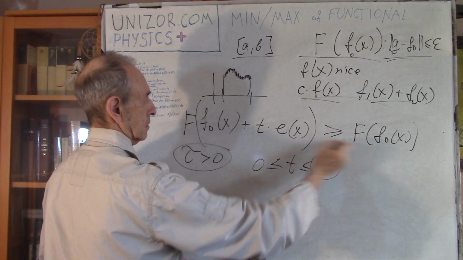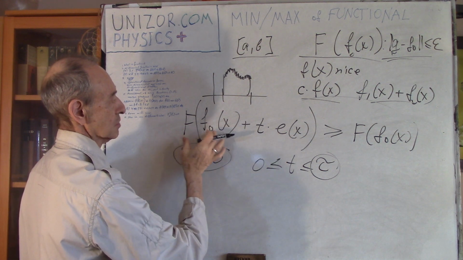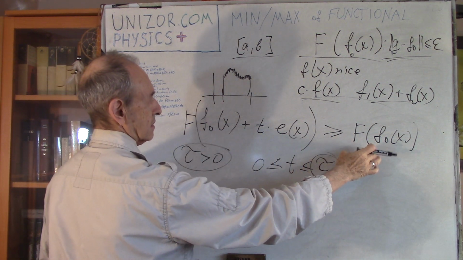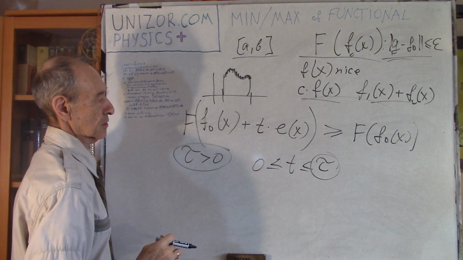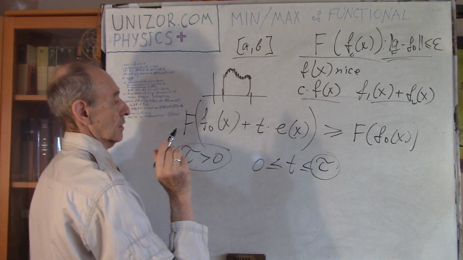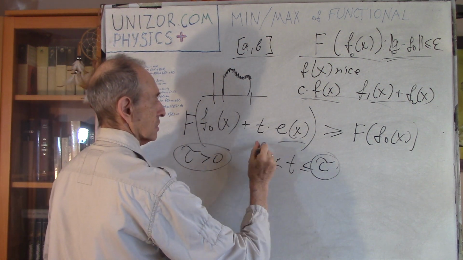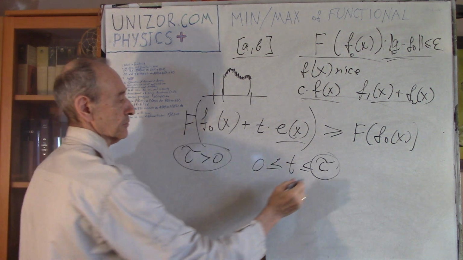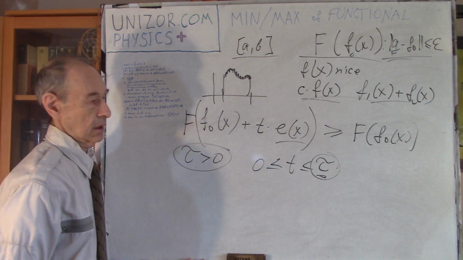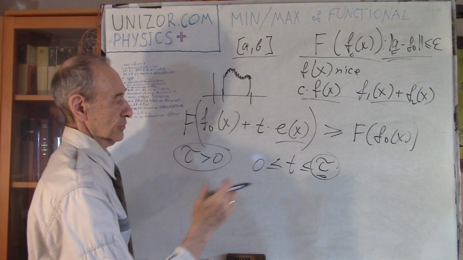So if there exists some number tau such that the value would be greater than the value at point f0 for any function e, we should really find this particular boundary.